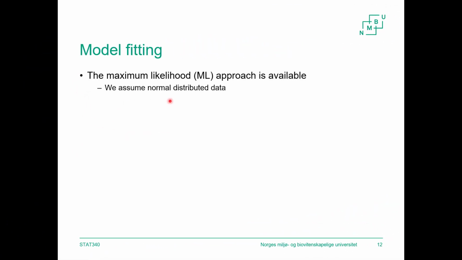So a few words about model fitting and model selection. The maximum likelihood approach is something we could use to fit a mixed model. And that follows from the assumption of normally distributed data. We have some assumptions of all the distributions here. And we can always, at least in theory, use the maximum likelihood principle and fit the model to the data.